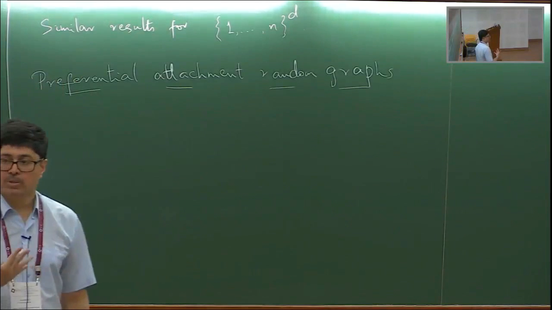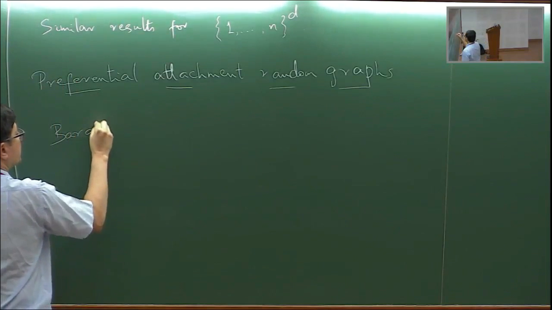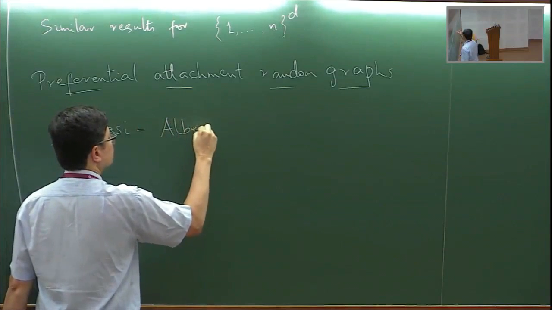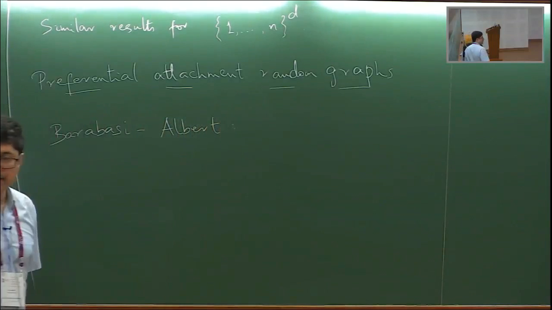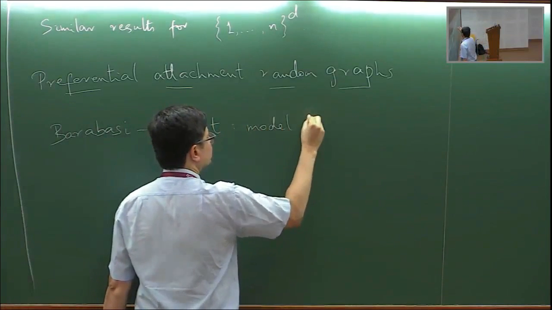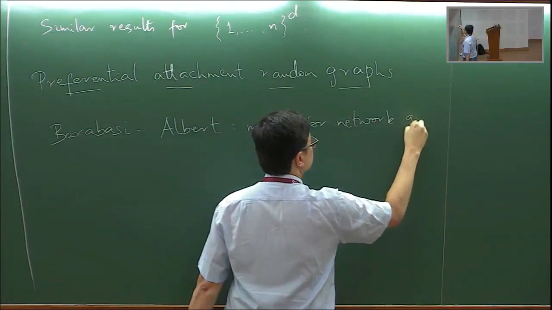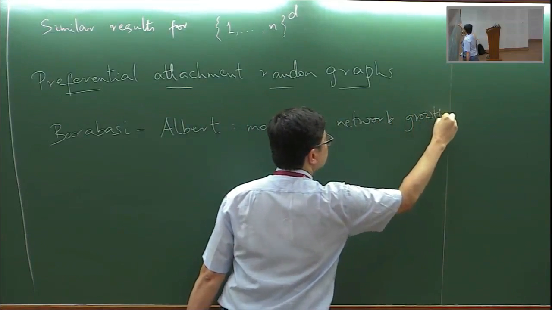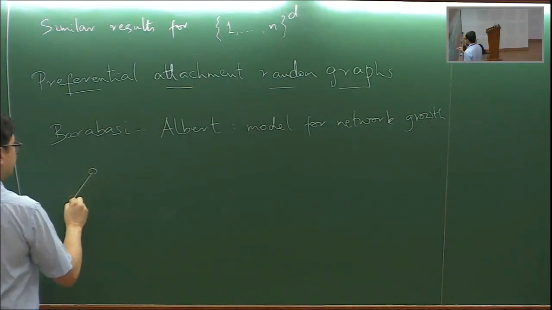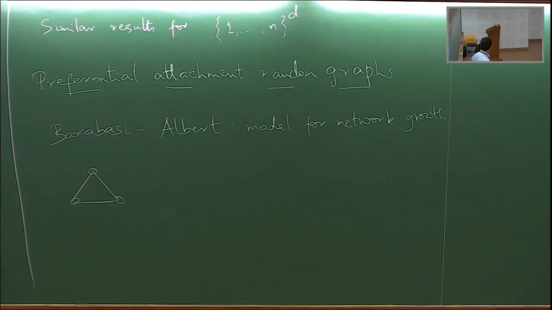So this model was introduced and popularized, I guess, by Barabási and Albert. And it's a model for network growth. You start out with some finite subgraph, say a triangle, and then you add nodes.